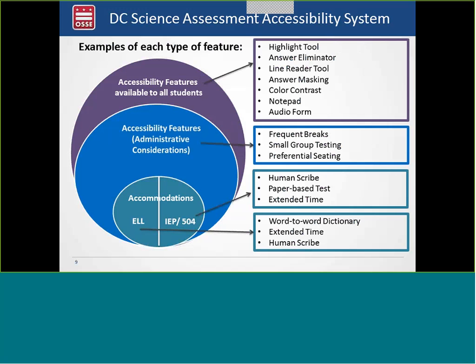Accessibility features for administrative considerations: we've got frequent breaks, small group testing, preferential seating. And then for accommodations for the IEP or 504 plans, those include human scribe, paper-based tests, and extended time. Accommodations for ELL students include word-to-word dictionary, extended time, and human scribe.